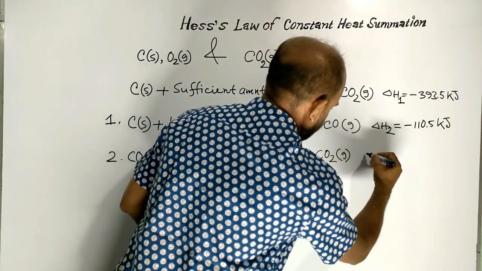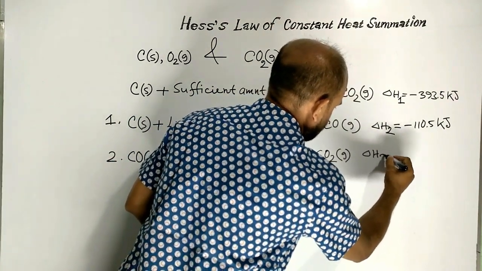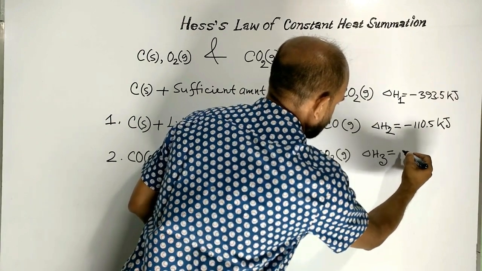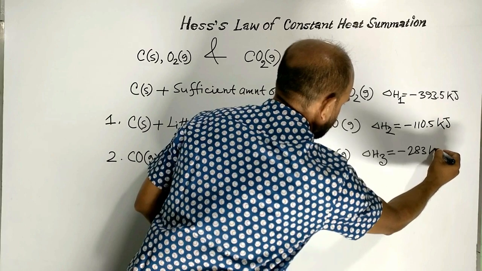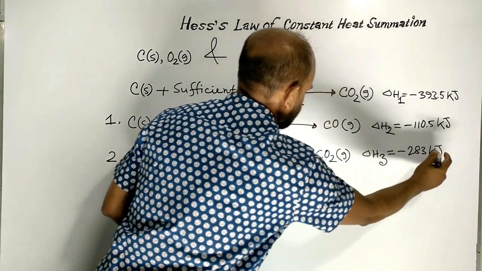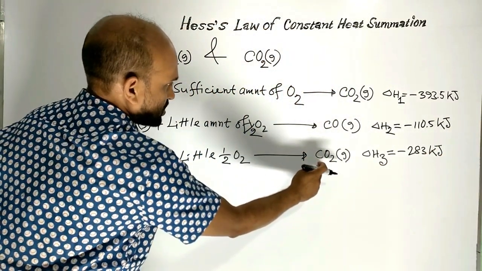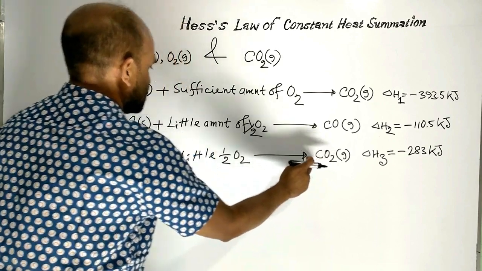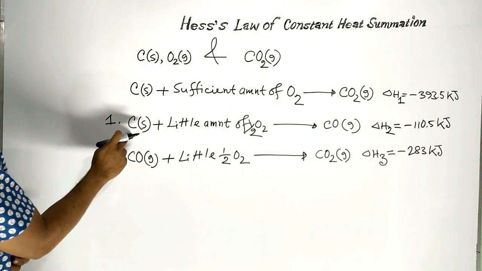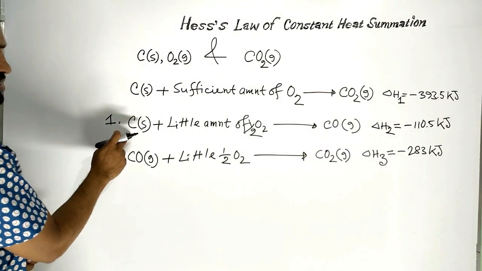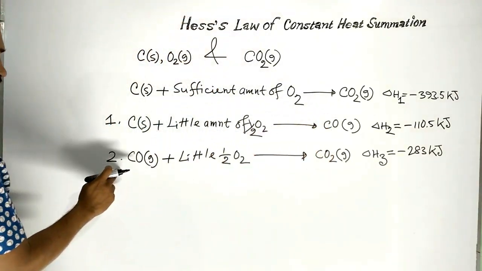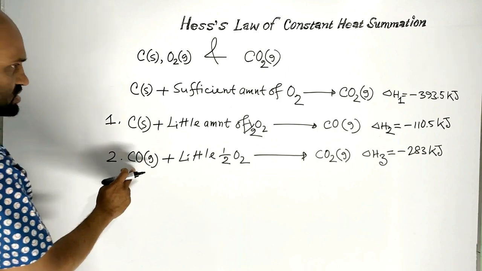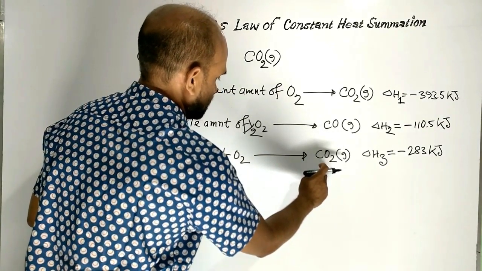In this step, heat change delta H3 is minus 283 kilojoule. That is, here carbon dioxide is produced in 2 steps. In step 1, carbon monoxide gas is produced, and in step 2, carbon monoxide changes to carbon dioxide.